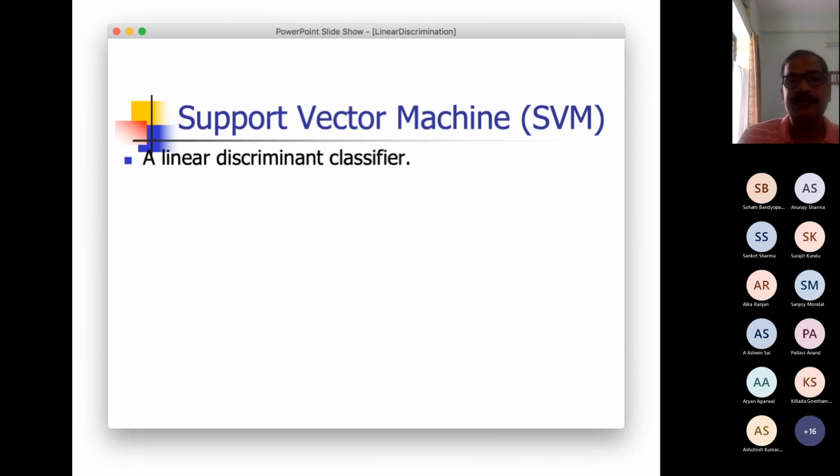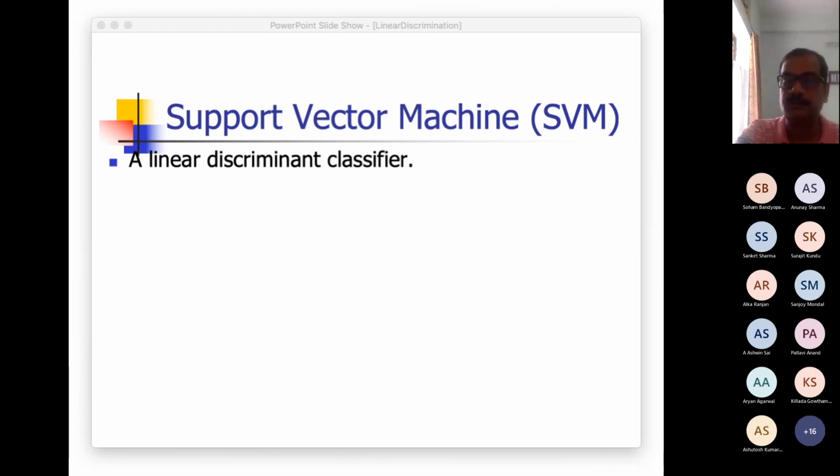First thing is that once again, it's a linear discriminant classification, that's what we would be considering. And in fact, the classifier which satisfies this particular criterion is called the support vector machine, and we'll be discussing that.